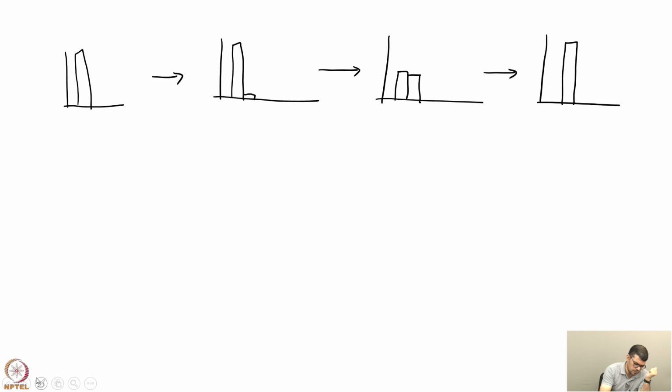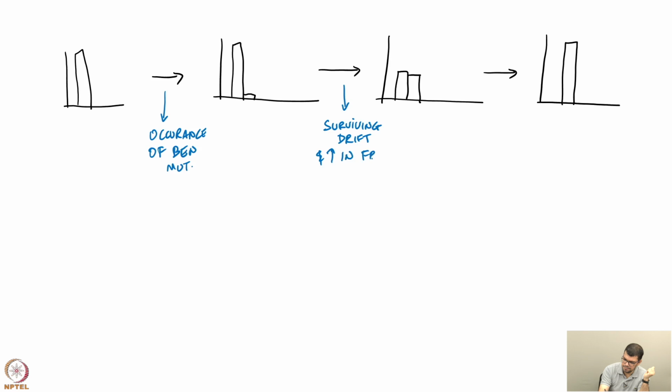So, this is occurrence of beneficial mutation, this is surviving drift, and increasing in frequency, and lastly this is reaching fixation.